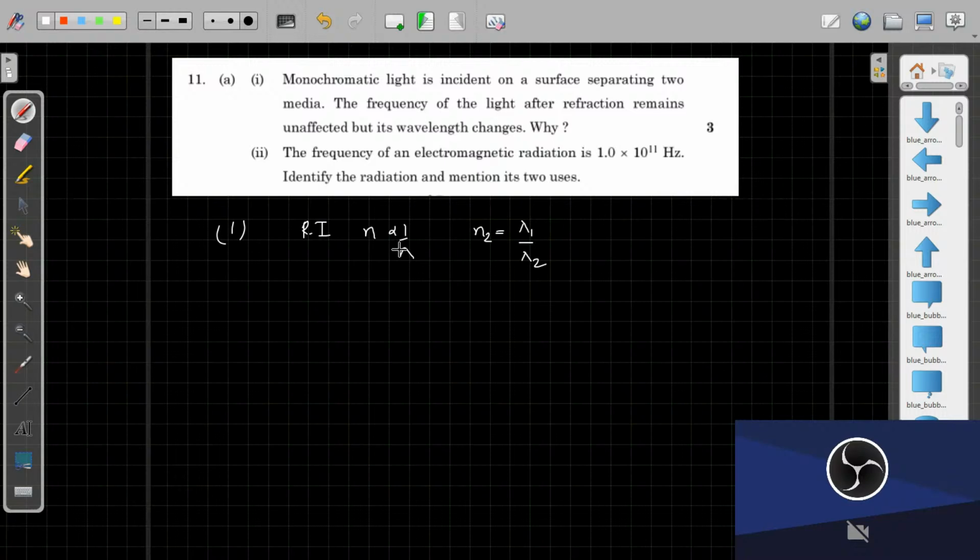The answer is that frequency is the characteristic of the light source. It will not change.